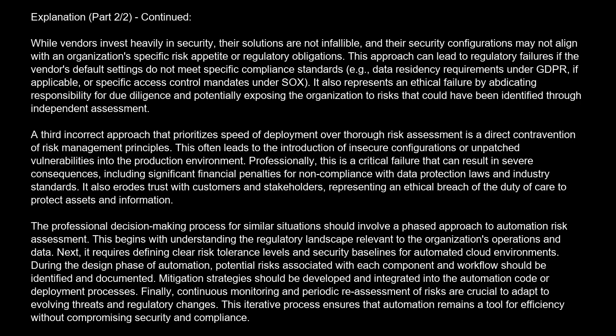Mitigation strategies should be developed and integrated into the automation code or deployment processes. Finally, continuous monitoring and periodic reassessment of risks are crucial to adapt to evolving threats and regulatory changes. This iterative process ensures that automation remains a tool for efficiency without compromising security and compliance.